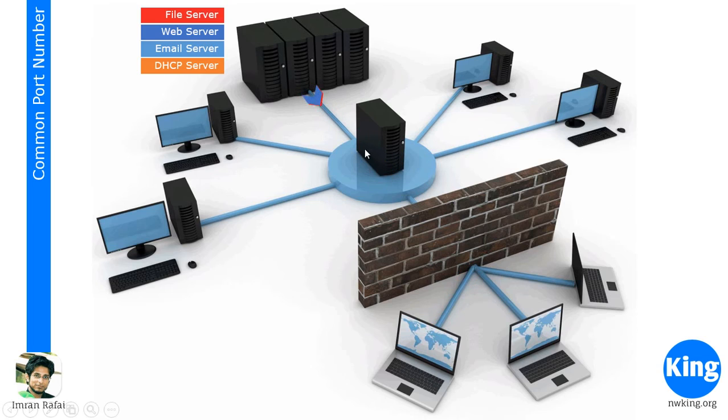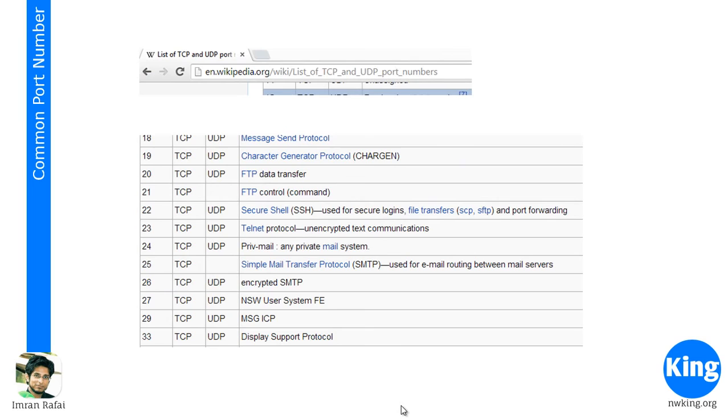Both of them, blue and red, go to the same physical server, which has different servers installed on it. Maybe, like I said, it's a data center, it's virtualized, so virtual servers. Now how did it know that the red traffic had to return back to this IP address? They know this by making use of port numbers.